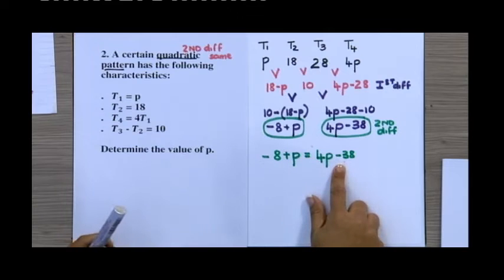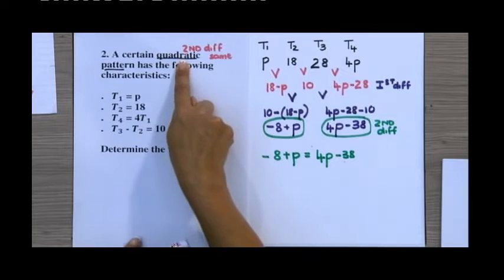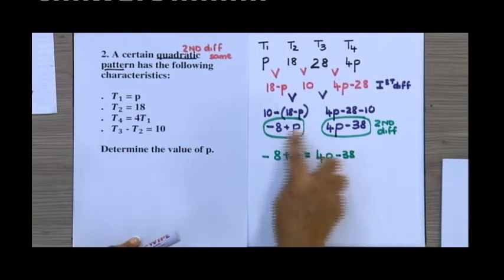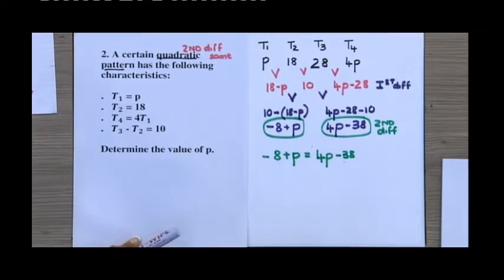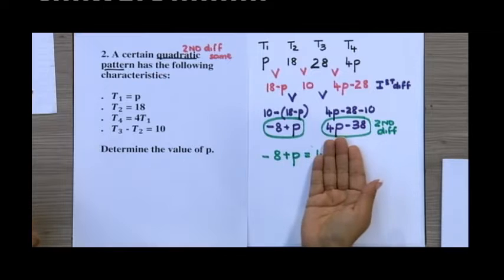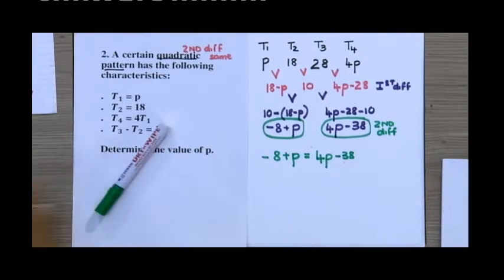Why do you have the right to equate negative 8 plus P and 4P minus 38? Why? Because they told you that it's a quadratic pattern. So if it's a quadratic pattern, the second differences are equal. The only thing in this second difference, grade 11, is that you have a P, but you put them equal to each other, and now, without even struggling, you solve for P.